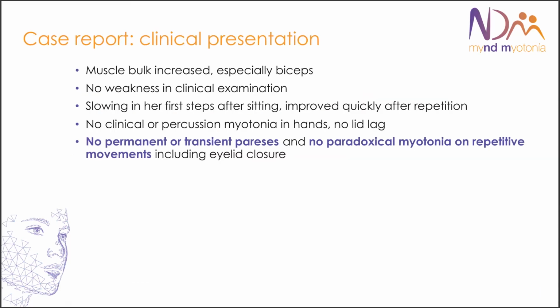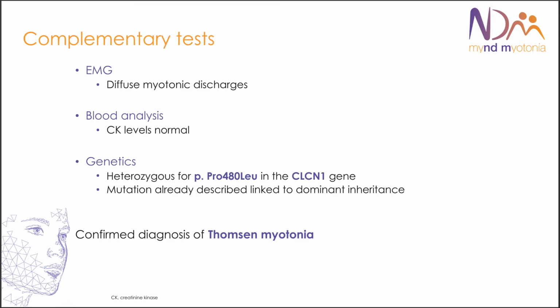Muscles were big again in this patient, especially the biceps. There was no weakness on clinical examination. There was a slowing in the first steps after sitting that improved after repetition. No myotonia in hands, no leg lag, and there was no permanent or transient paresis and no paradoxical myotonia on repetitive movements, including eyelid closure.